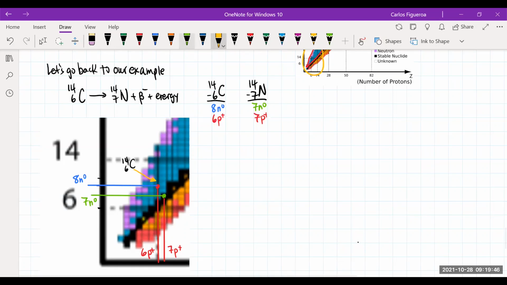I should be a little bit more careful and say, yep, that guy right there, this is 14,7 nitrogen. And so what you're seeing here is that, look what's happening. There's a jump right here, and this jump is a jump towards stability.